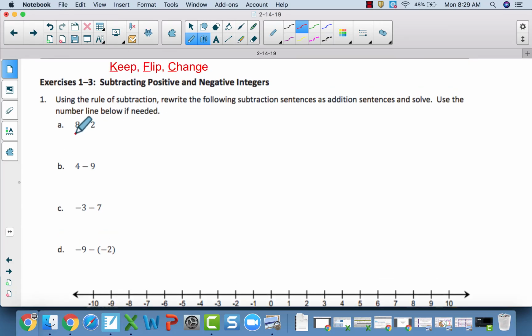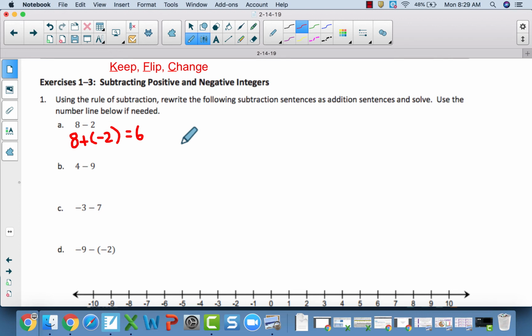And what that would look like is the 8 stays the same. The subtraction changes to addition. And then the positive 2 becomes its opposite, which is negative 2. And then just knowing 8 plus negative 2 is 6 is one way to think about it.